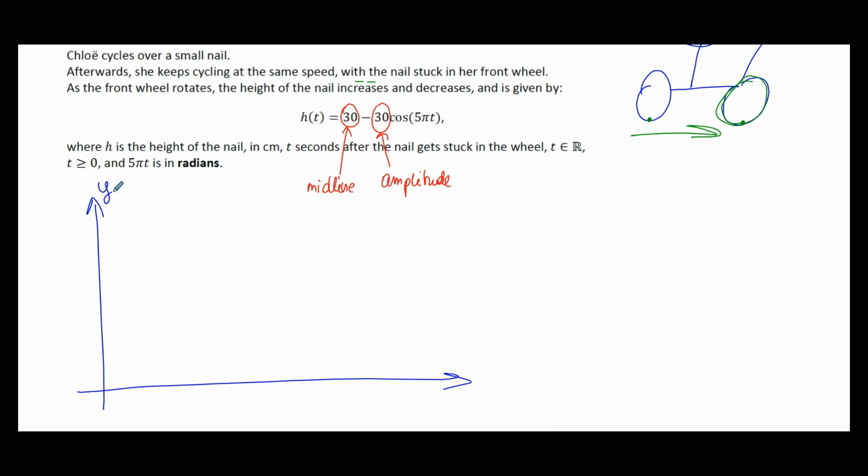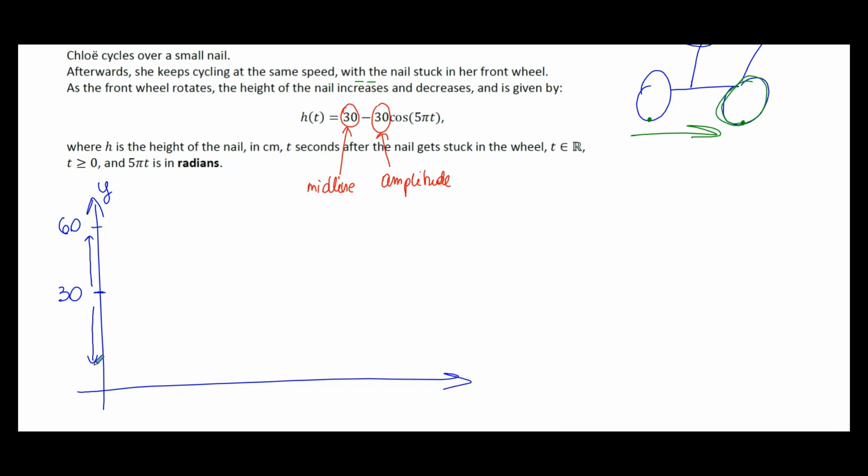So we always start with the y-axis, the midline, and the amplitude. So we understand the midline, so we pick a point 30, and we understand that the graph will be going around that line. Then the amplitude means it goes up by the amplitude and it goes down by the amplitude. So if it goes up by 30, that means it reaches 60.